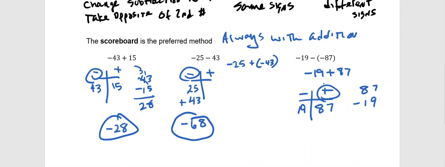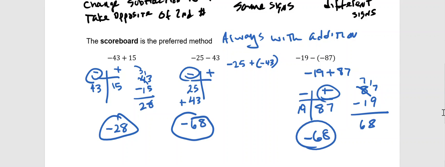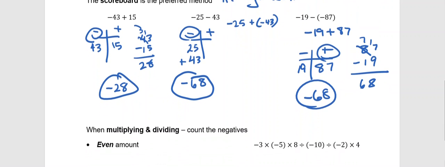And I'll realize that my answer is positive because that's the quote unquote bigger number. So with some borrowing, looks like I get, interestingly, negative 68 again. That's just by coincidence. Okay, so I know I'm going through this fairly quickly, but this should all be review in nature to you. So this is just a quick brush up of the rules.